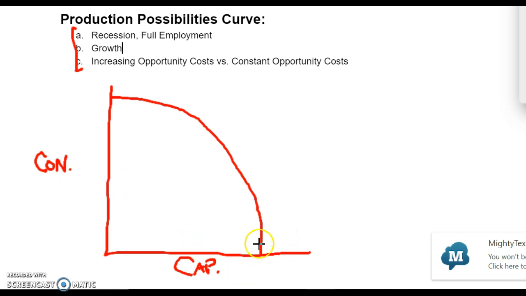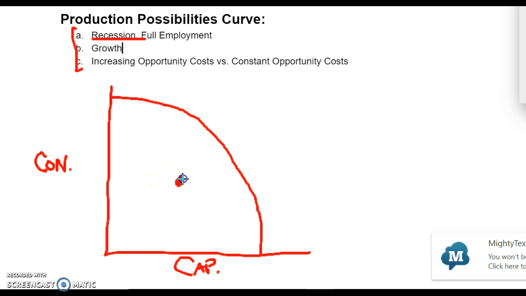The resources I use to produce capital goods are very different than the resources I use to produce consumer goods. So when I'm maximizing all of my resources and producing almost exclusively capital goods, I have to give up a lot more consumer goods to do that. So opportunity cost rises.